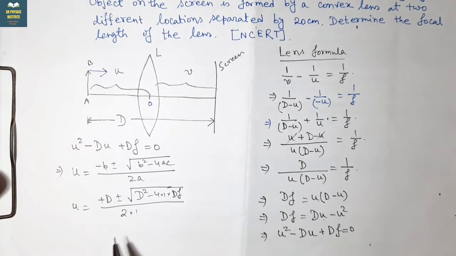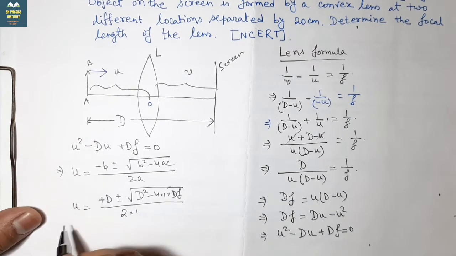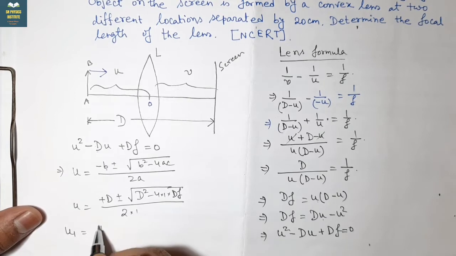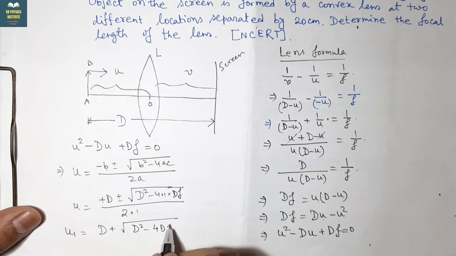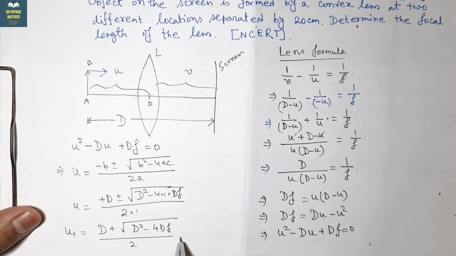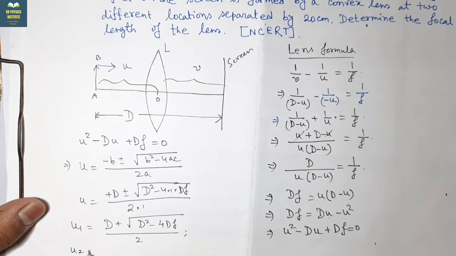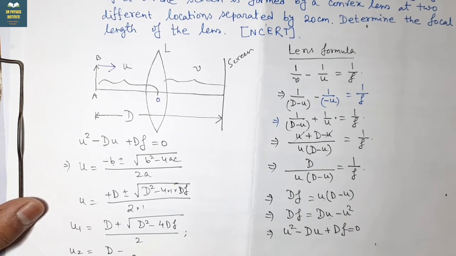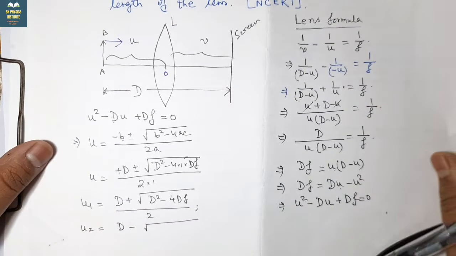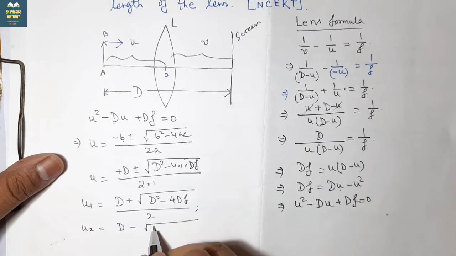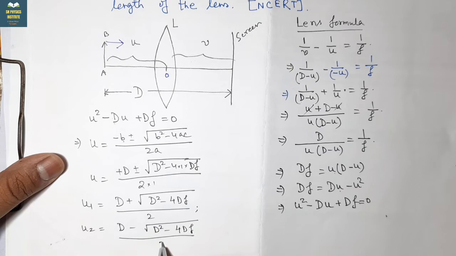So you have got from here two values of u. One is u1, equal to D plus root under D square minus 4Df, divided by 2, and the other is u2, equal to D minus root under D square minus 4Df, divided by 2.